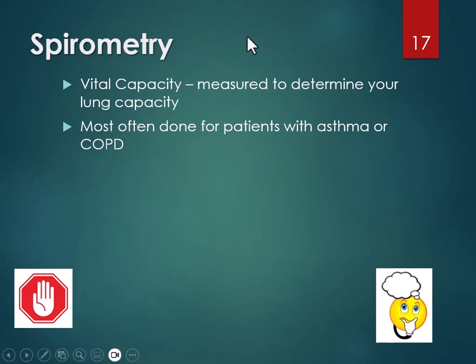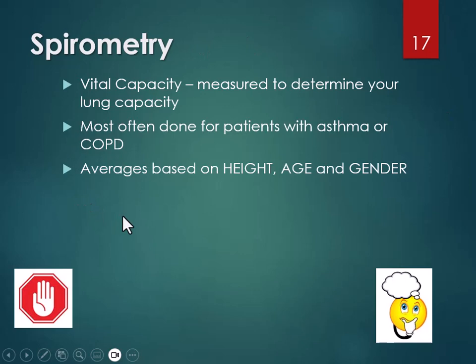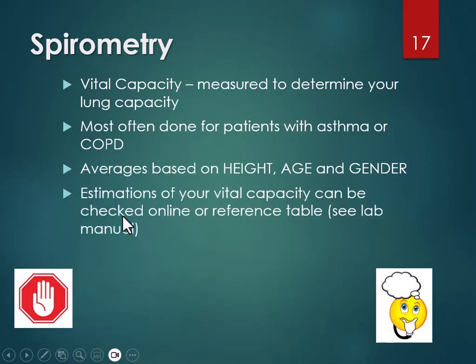Again, average is based on height, age, and gender, and estimations of this can be checked. You can check it online or on a table. It's in your lab manual, but we'll measure this in lab, which is kind of fun to do.